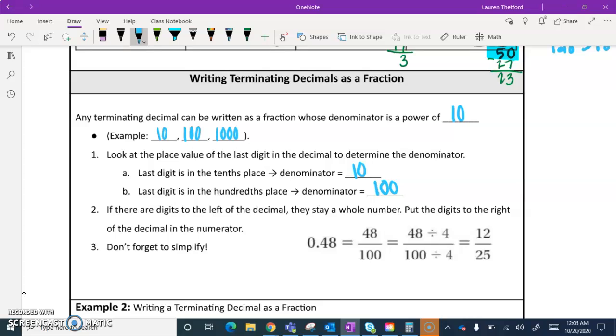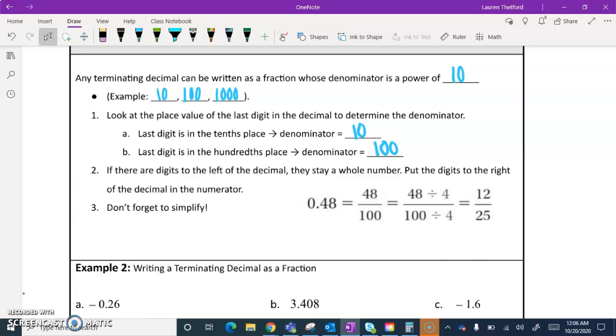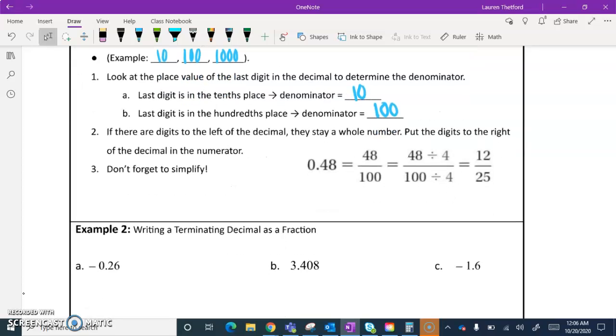If you read the decimal as something hundredths or thousandths, that's telling you what you would write your fraction over. If there is a digit to the left of the decimal, it stays a whole number. Then you put the digits to the right as the numerator over that denominator, and then you simplify it.